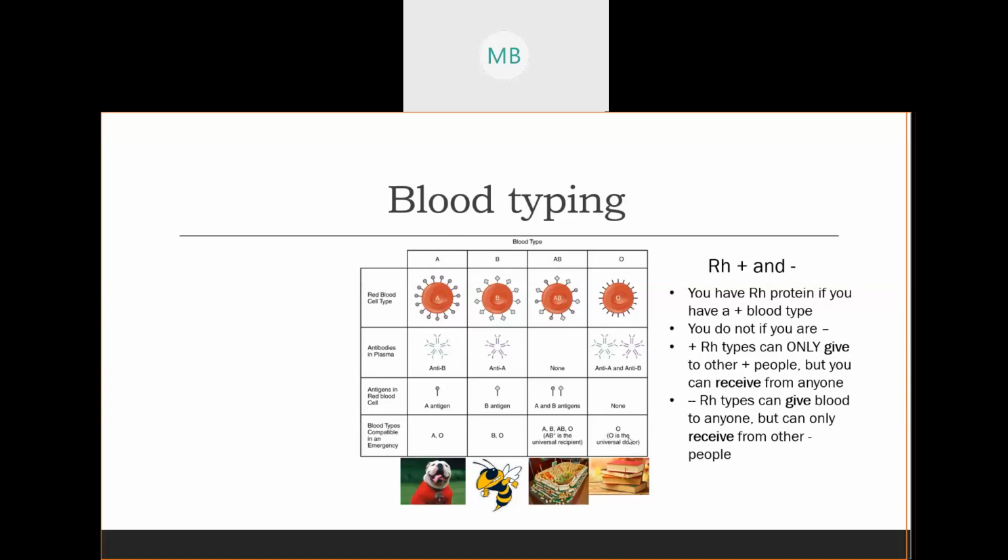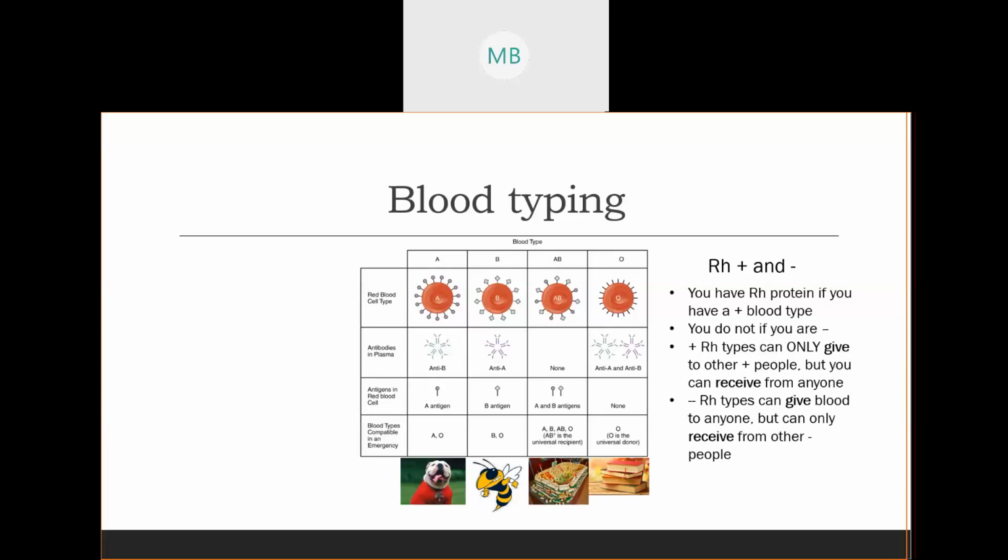So O negative is your universal donor. And the one blood type that can be given any single blood type is AB positive. So AB positive blood type is the universal recipient.